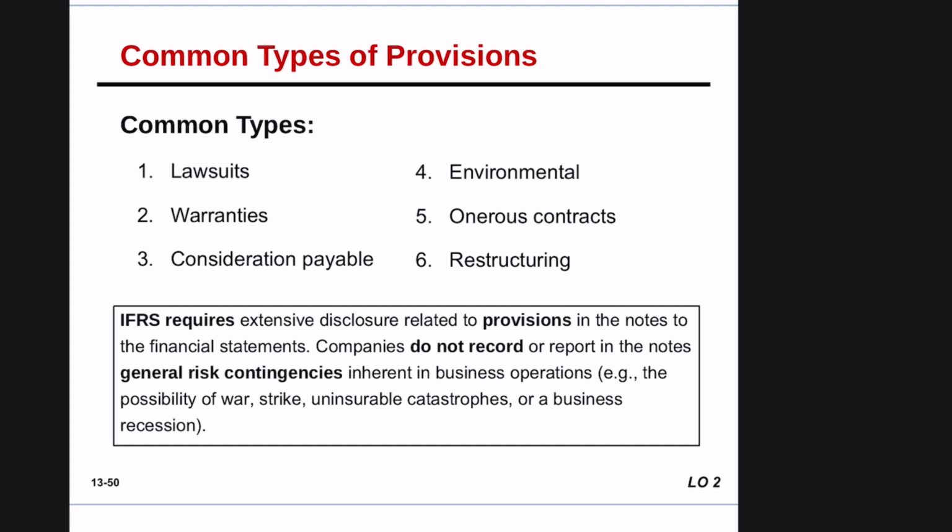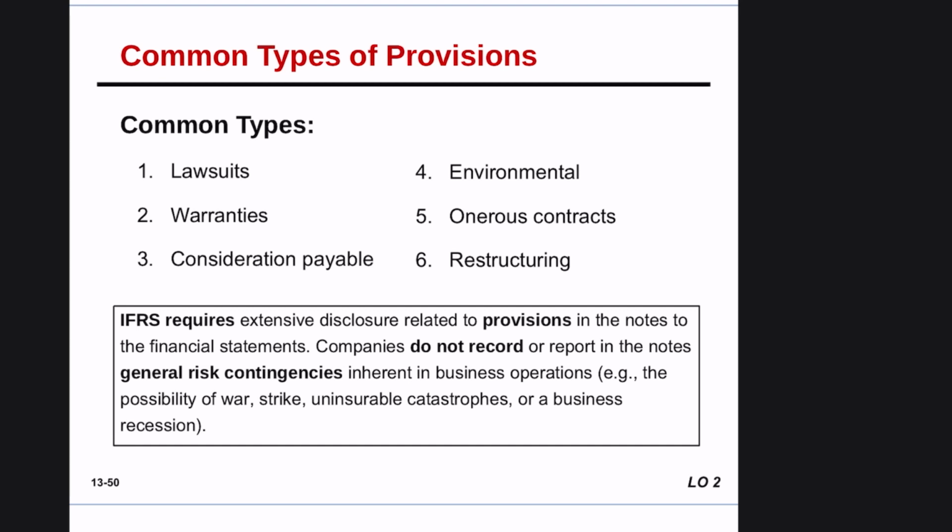So if any of those common types meet those three conditions, we have to recognize the provision. But what happens if the company can't measure the amount of the provision? In this case, IFRS requires extensive disclosure related to the provision in the notes to the financial statements.